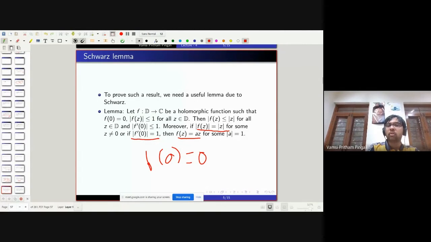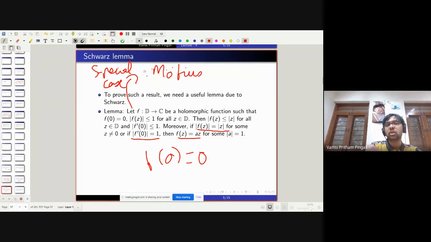So let us, for example, look at Mobius maps. Suppose we look at the special case, Mobius maps that take the disk to itself. How many free parameters do you have?